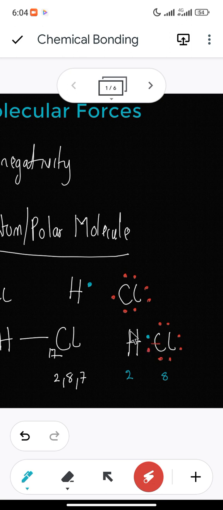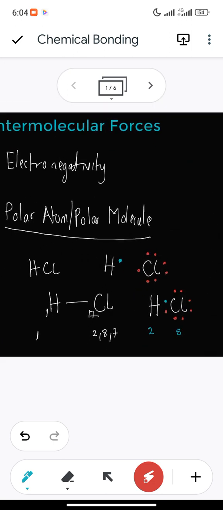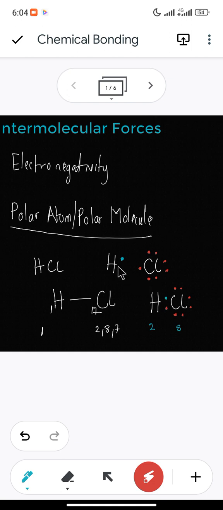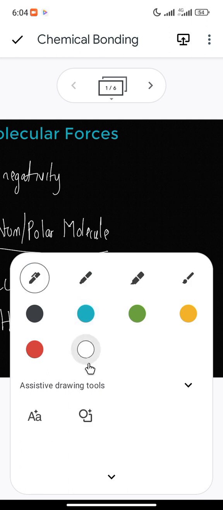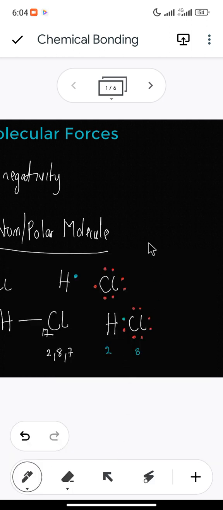You understand? It's going to make the bond between them polar. So you have hydrogen and chlorine. Based on the fact that chlorine has more electronegativity, it's going to pull most of the electrons to itself.